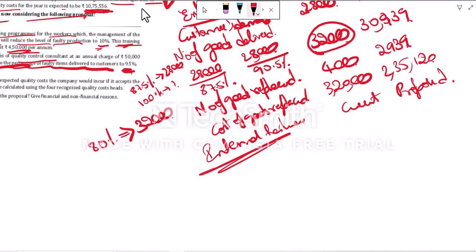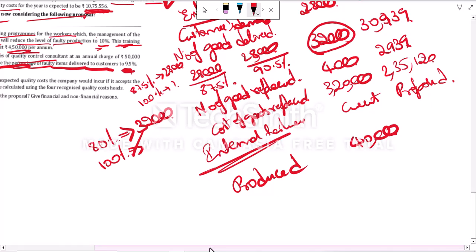So only 32,000 is delivered to the customers. So what does 100% cost? What is the amount? 32,000 divided by 80 into 100, 40,000 goods they have produced. How we got that? 32,000 into 100 divided by 80.